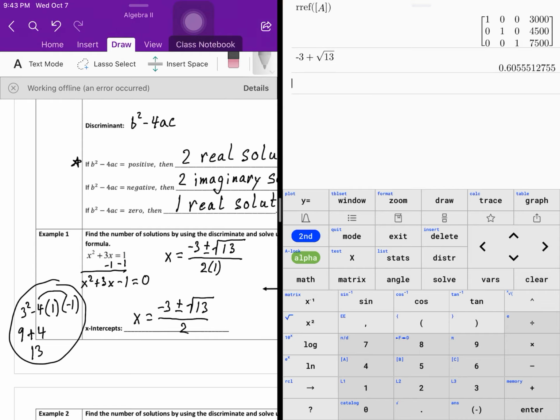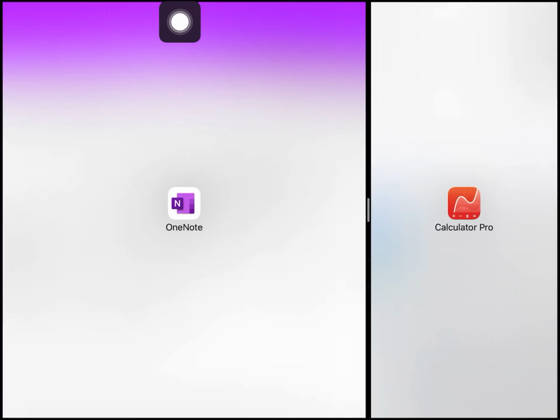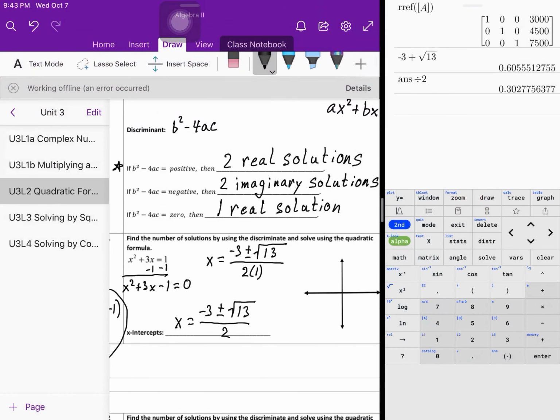I'm going to hit enter. I get that, and I'm going to divide that by 2. And it's about 0.3, which if I were to graph that, because remember, we're looking for x-intercepts, so that's a solution. Okay, so that's where it would touch the x-axis. So if this was, let's say that's 1 unit out, 0.3 would be about right there.